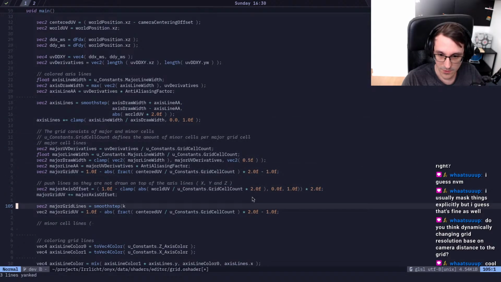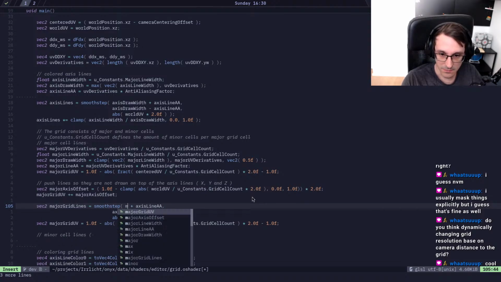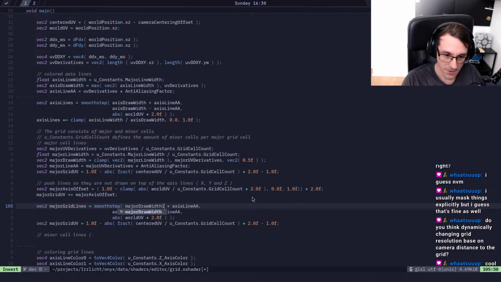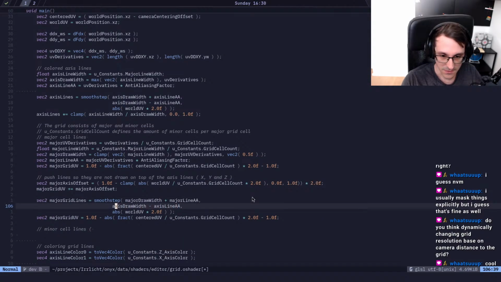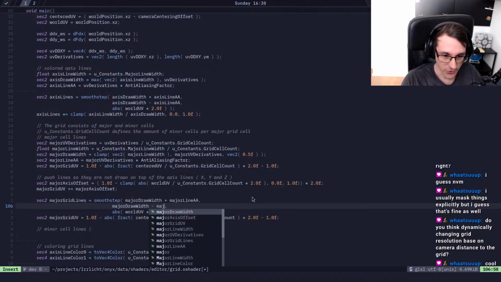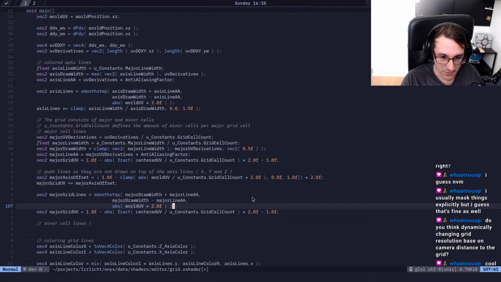Guess we could copy that here. That is basically our major draw width plus our major line AA, and then this is as well major draw width minus our major line AA, and we can already see the pattern here now, right? And then this is the major grid UV.